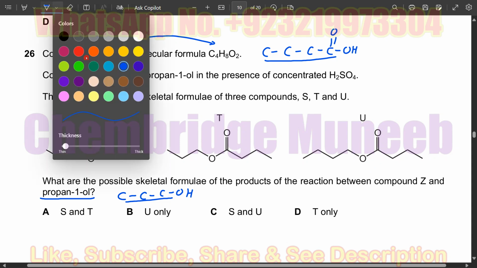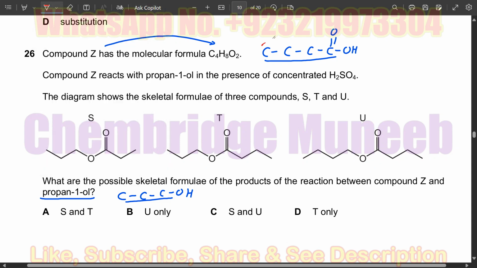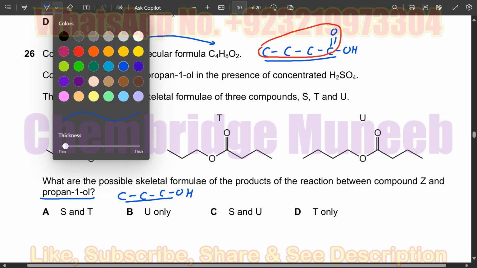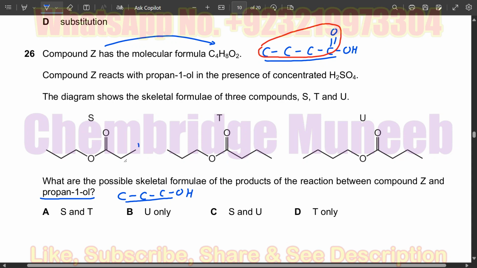As we know, the carboxylic part is present in the ester which is bonded with the carbonyl group. So 4 carbon atoms should be there. So we have 1, 2, 3, which means this is incorrect. 1, 2, 3, 4, it must be correct. 1, 2, 3, 4, it is also correct. This part is correct in T and U. So S is definitely incorrect.